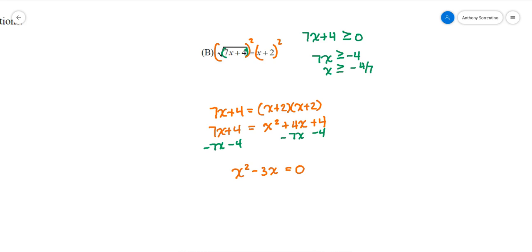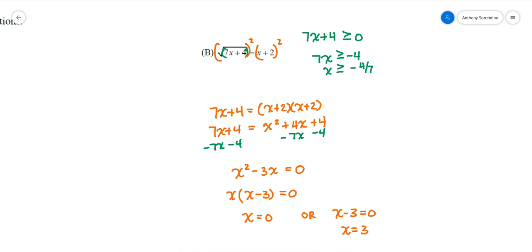I'm going to actually use factoring for this because without a c term, it's pretty easy. I'm going to factor out the x. x times x minus 3 equals 0, which means x is going to equal 0, or x minus 3 is going to equal 0, which means x is going to equal 3.